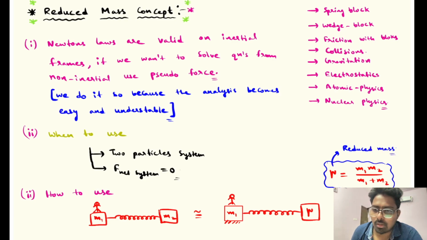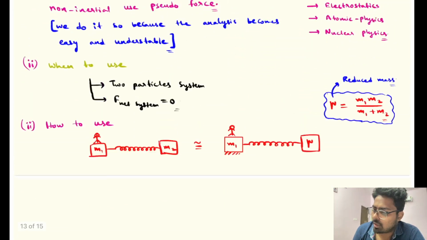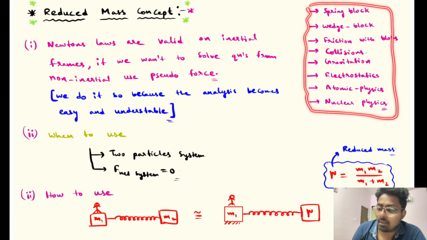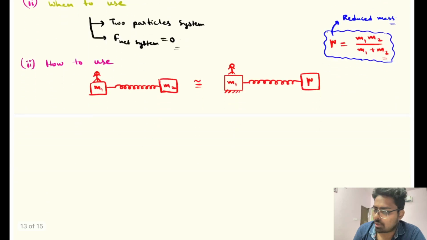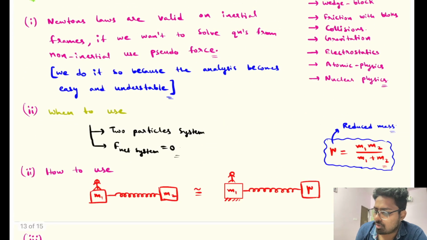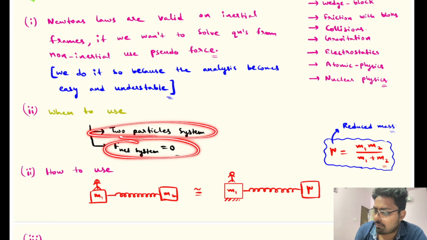Okay, and before going into explaining all these different models, I'm just going to tell one more important concept over here. That is when a two block system is there. Already I told you this should be used only when two particles are there, when F net on the system is 0.